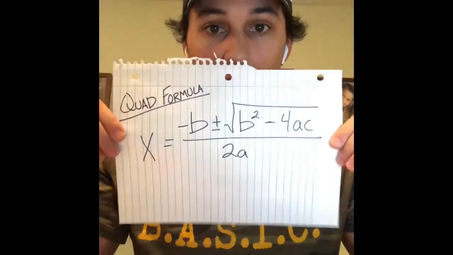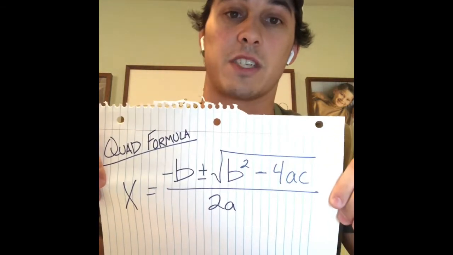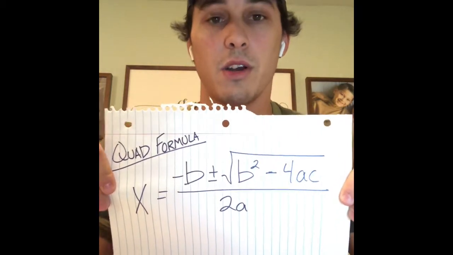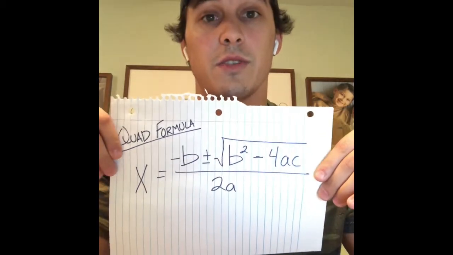So like I said, we're going to go over the discriminant. All right, a few things with the discriminant. First off, looking at the quadratic formula. X equals negative b plus or minus the square root of b squared minus 4ac all over 2a. We've been messing with this for about a week now, and this actually has something to do with the discriminant.